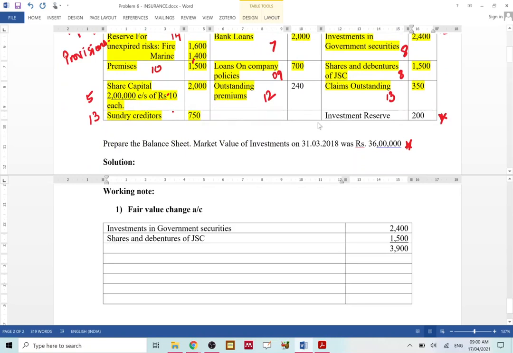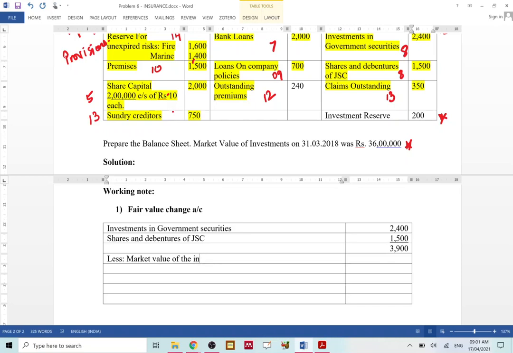Because in the market, on the stock exchanges, these shares and debentures may have a different value based on demand and supply, but in your books it is showing at 3900. So from this 3900, that is your value, minus the market value of the investments, you will get a difference.